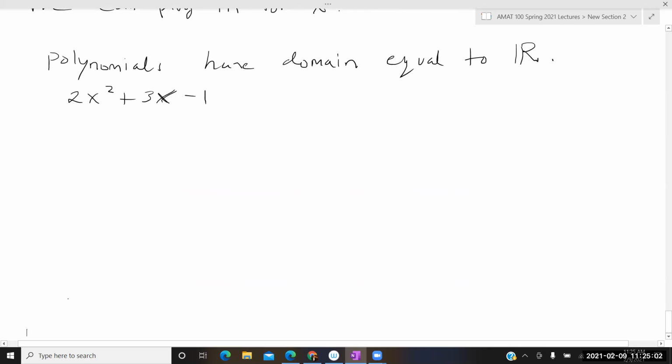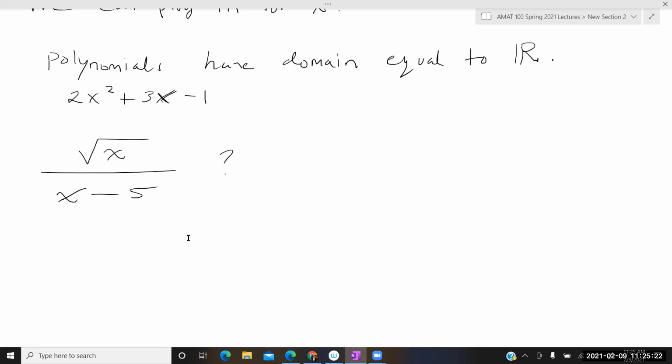But what about something like this? Well, we can't just plug in any number, because we can't take square roots of negative numbers, and we can't have division by 0. So that immediately puts a restriction on what x can be. There are a lot of ways of expressing the domain.